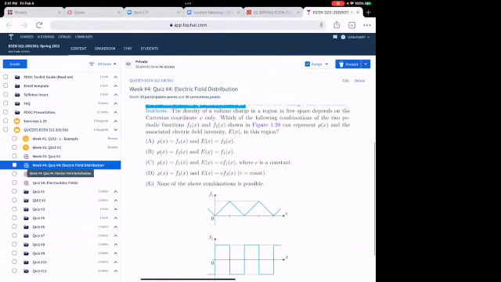This is an interesting problem. Think about it. You have time. It gives you two functions, f of x, p of x. You see the functions in their form. And it asks, which of the following combinations? In one, for example, there are two entities, charge and electric field. Think of charge and electric flux density as the same kind of thing. One of the functions shows a possible charge and the other function shows the respective electric field or electric flux density.